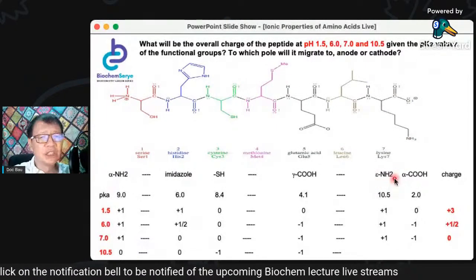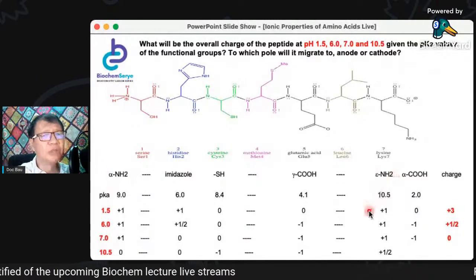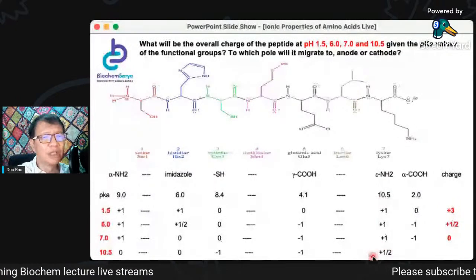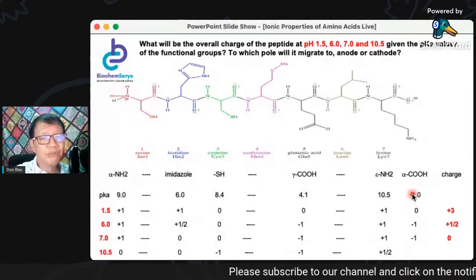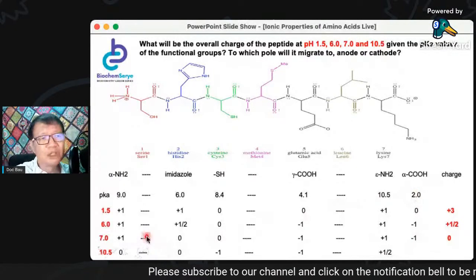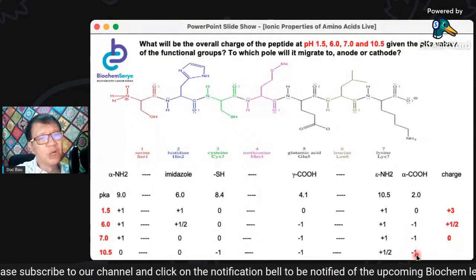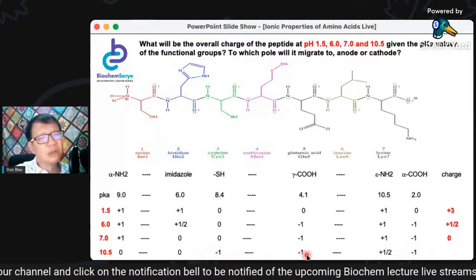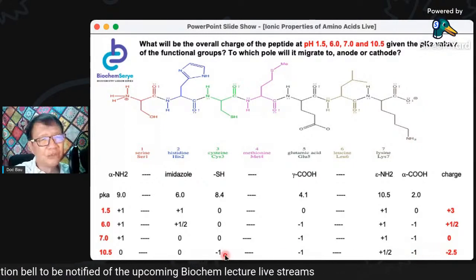The charge here is 0 plus 1, which is 1, divided by 2, so plus 1 half. Okay? Your alpha carboxyl has a very, very low pKa, but your pH is 10.5, so definitely this will be negative 1. So negative, negative, negative is negative 3, plus the half gives negative 2.5.